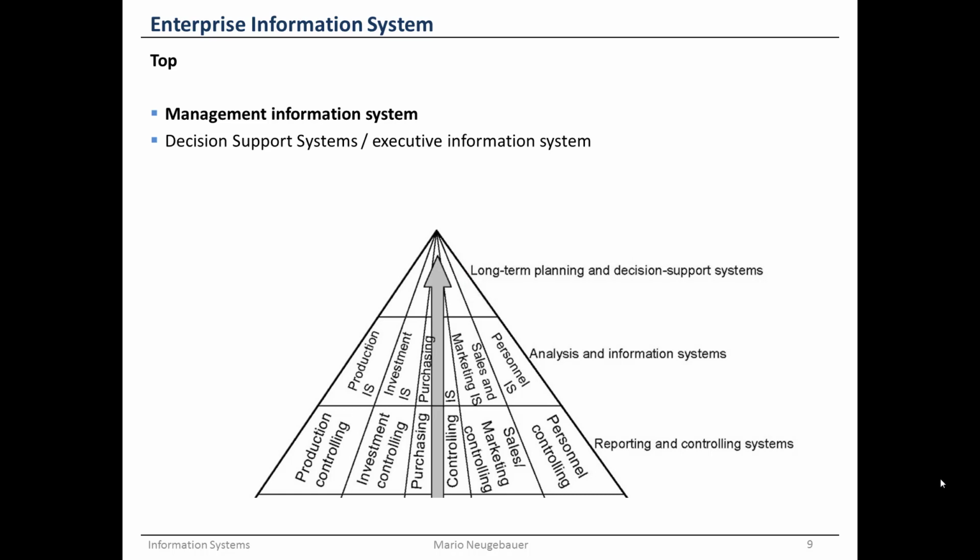This might be simulation systems, for example, based on different simulation scenarios, or other kinds of decision support systems. As you can see, this top part of the information system pyramid requires data from the lower layers, from the quantitative layers, from the financial layers, to aggregate and to see what is happening in the company.